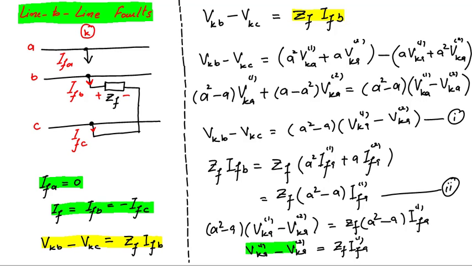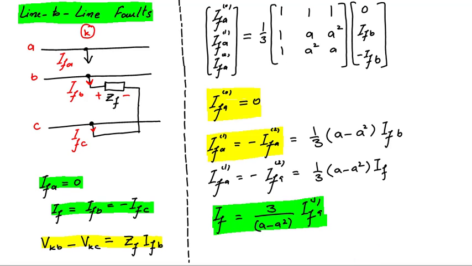Here we have the characteristic equation of a line to line fault in terms of the sequence components of voltages. Now this voltage equation and these current equations can be used to connect the Thevenin equivalent circuits of the positive sequence, negative sequence and zero sequence networks together in order to satisfy the characteristics of a line to line fault in terms of their sequence components.